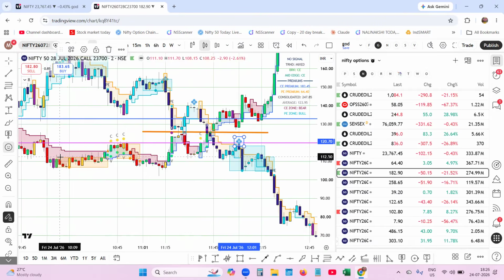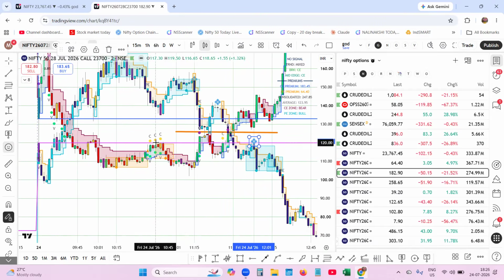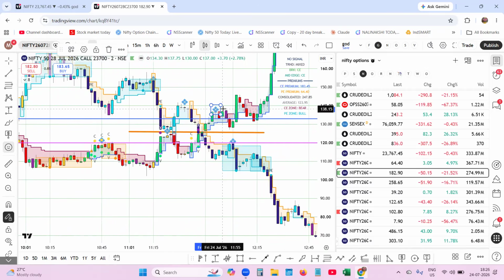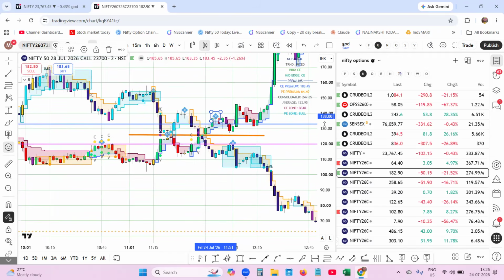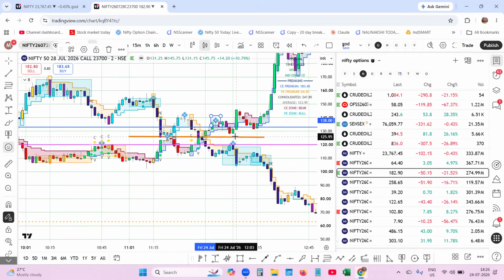And the call option started making higher highs when they were meeting. And when it crossed, you don't hurry yourself, because sometimes crossing takes place and they again come and meet, and that type of action will also be there. Wait for that. And then it came and converged at the same price.